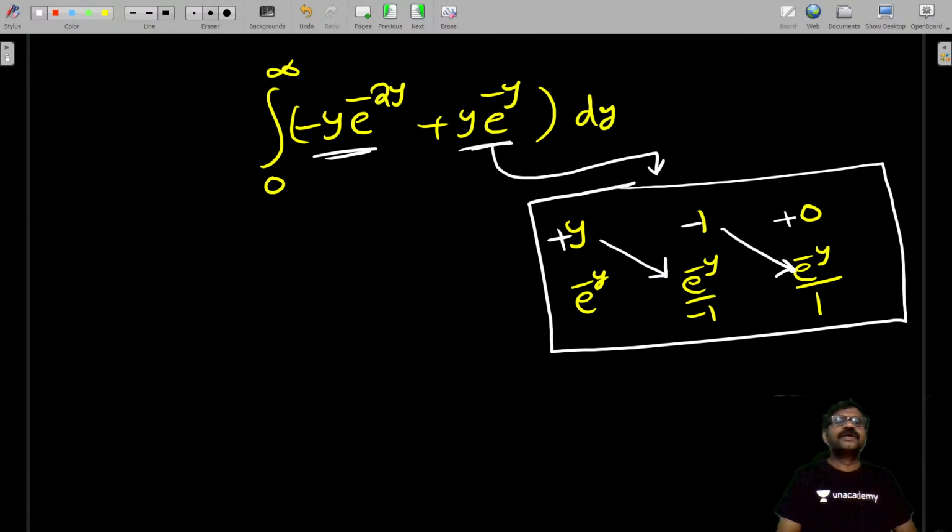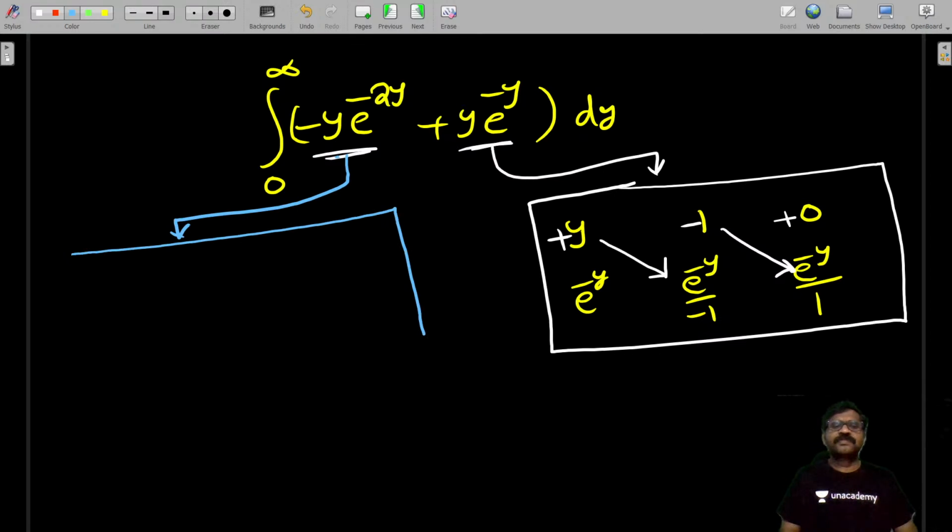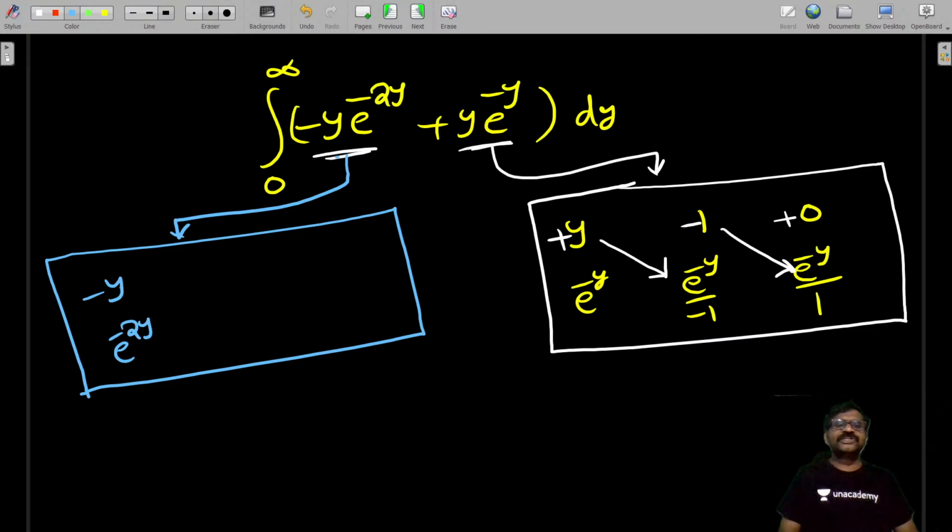Next. Here you have to apply integration by parts. Minus y, e power minus 2y. Differentiation of minus y is minus 1. Differentiation of minus 1 is 0.